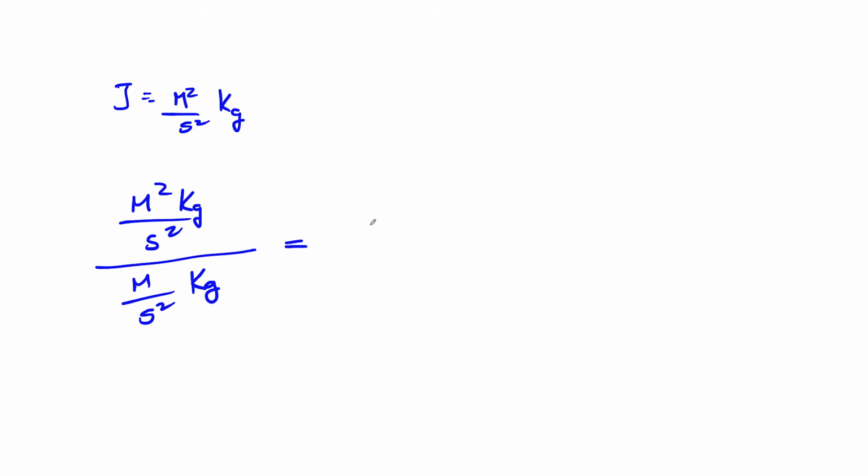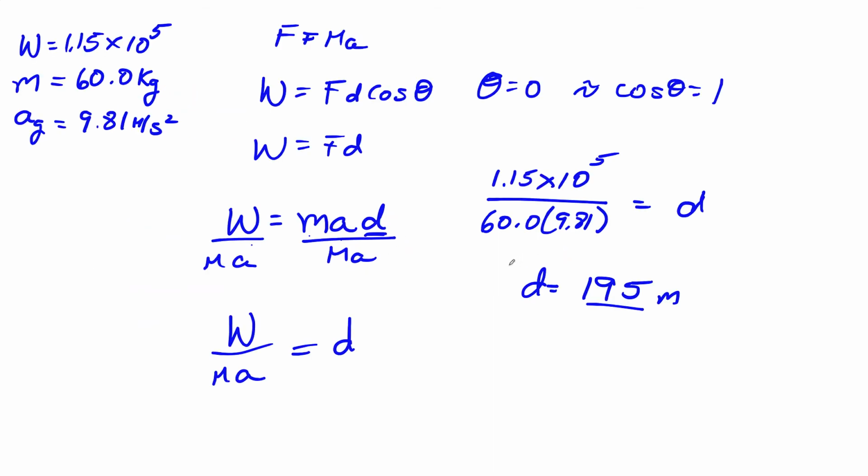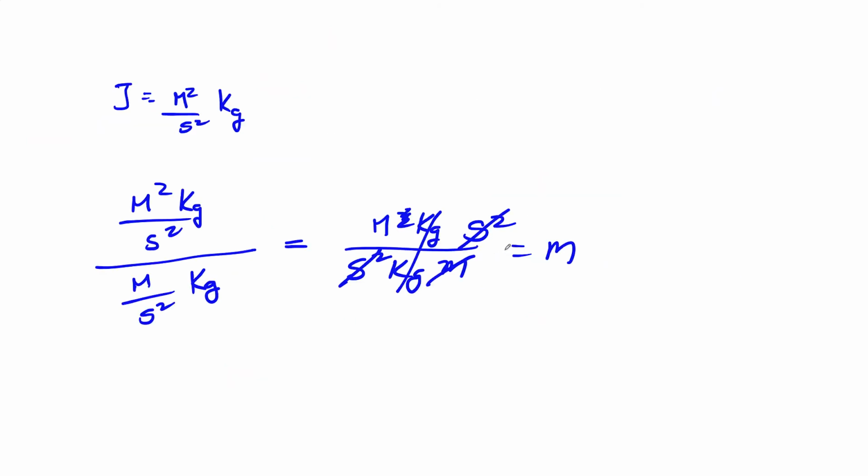If we rearrange this, the kilogram cancels, the seconds squared cancel, one meter cancels, and we just have a meter up on top. That's the unit, so everything works out correctly. So here's our answer. We did the unit conversion, and this is finishing the example video for unit problem set A for work.